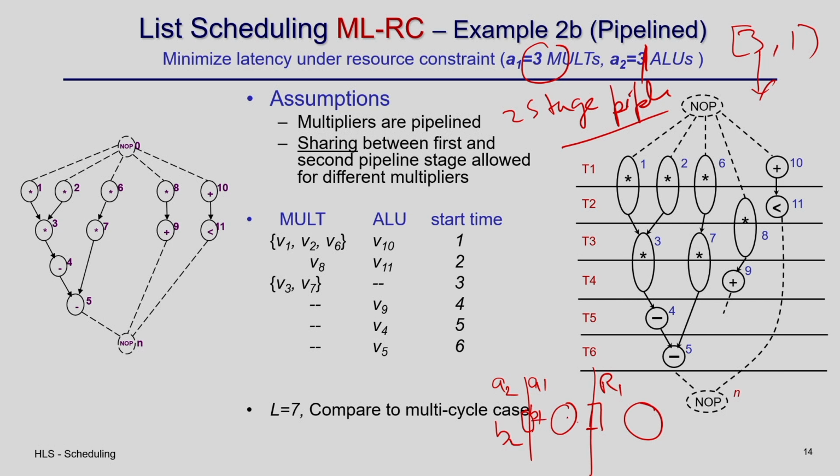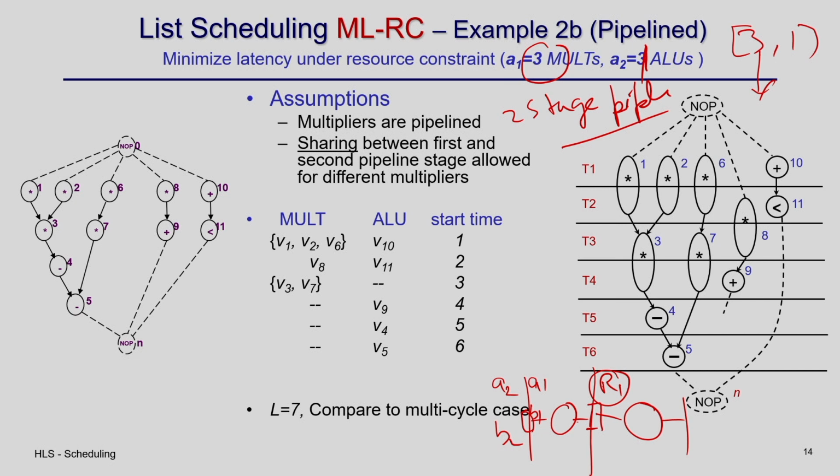So, this part of the multiplier will work on A2 B2, and this part will work on A1 B1, because that intermediate result is stored in R1. That means when it has multiple stages, different stages can work on different sets of data. This is very standard pipeline logic.